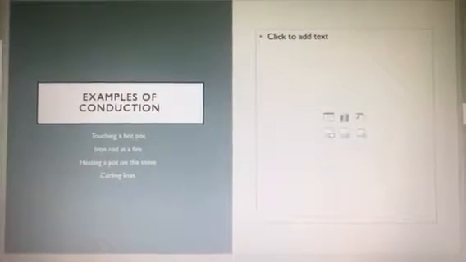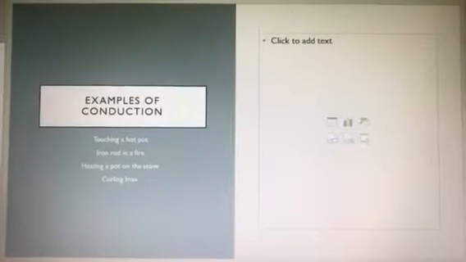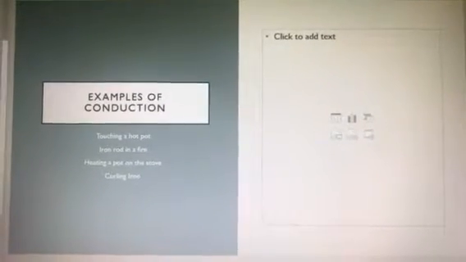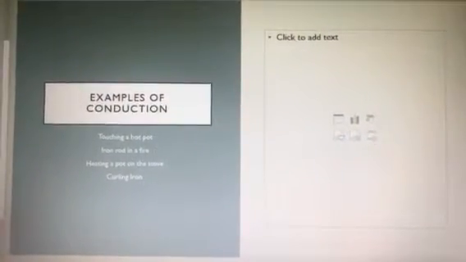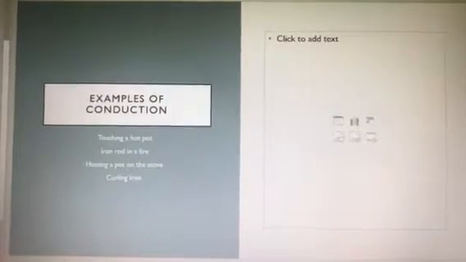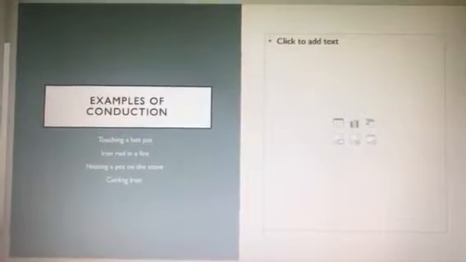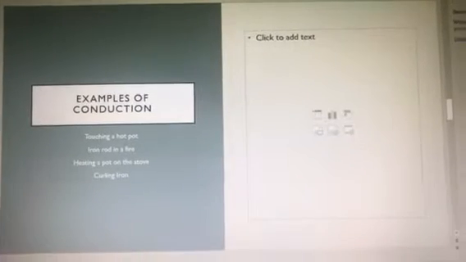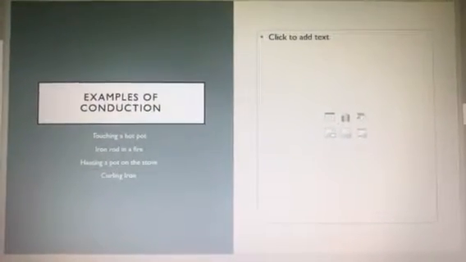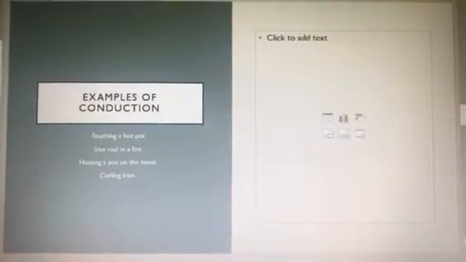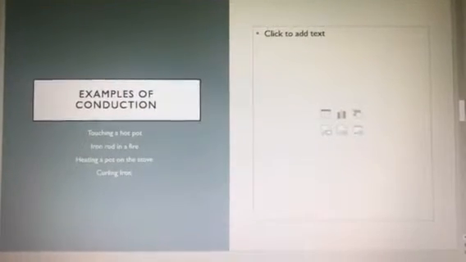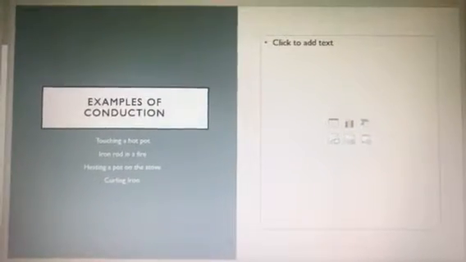Different examples of conduction are as follows: touching a hot pot, an iron rod in a fire, heating a pot on the stove, a curling iron. All of these items require physical contact with heat.